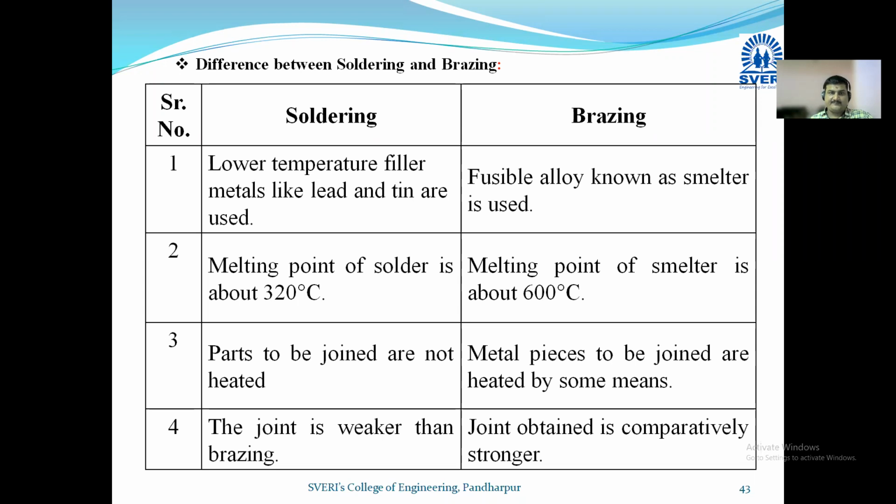Have you written it? Have you completed it? No, sir, writing. Reply in the chat box. Okay, write it down. Still, I will provide 1 minute to complete it. Only 4 points are there.